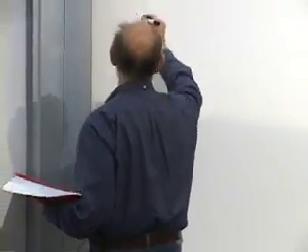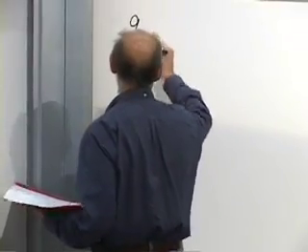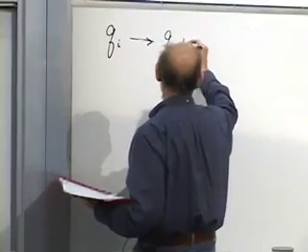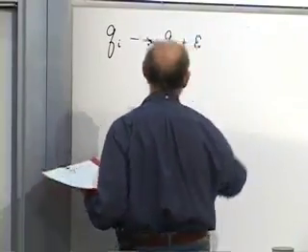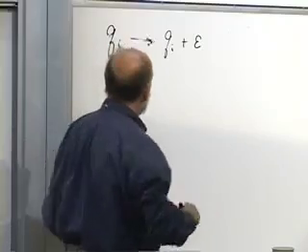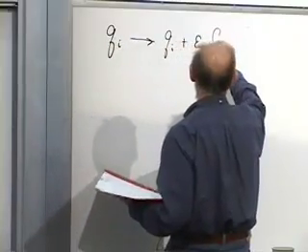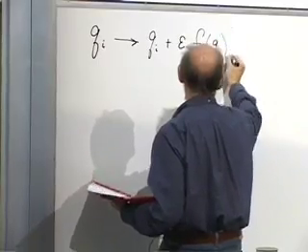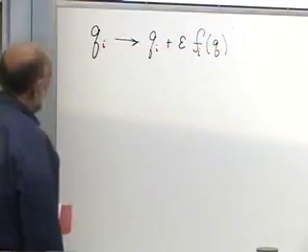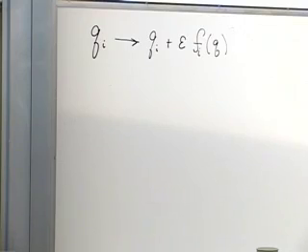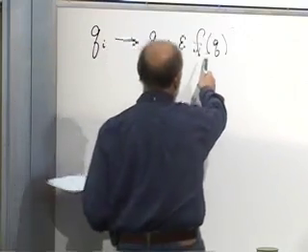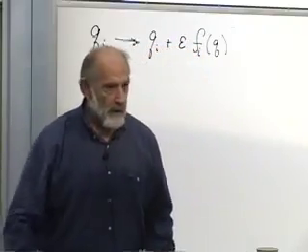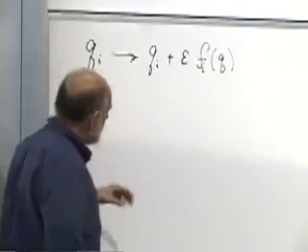Under a transformation, coordinates, let's say q sub i, change to q sub i plus something small. Let epsilon be a small number times some function f sub i of q. When I say f sub i of q, I mean that f sub i can depend on all of the q's. Right? It's a little displacement of the system.